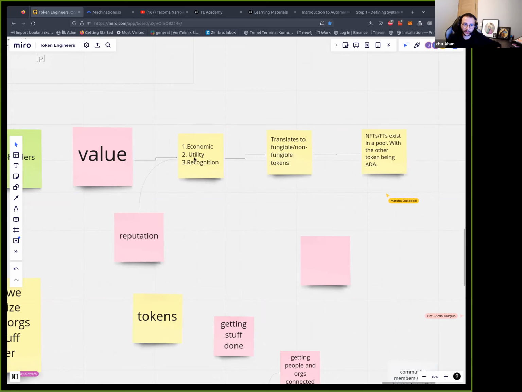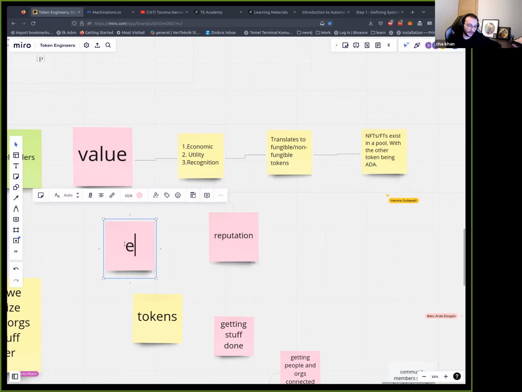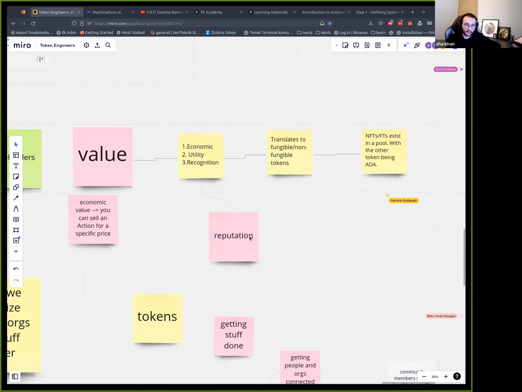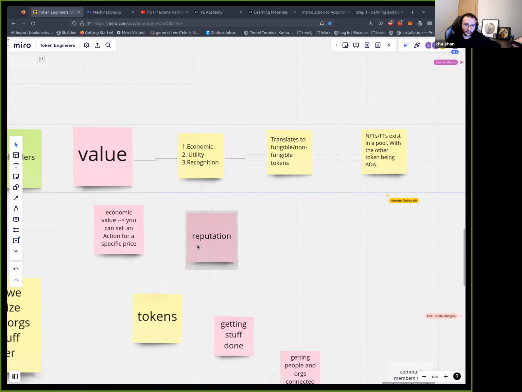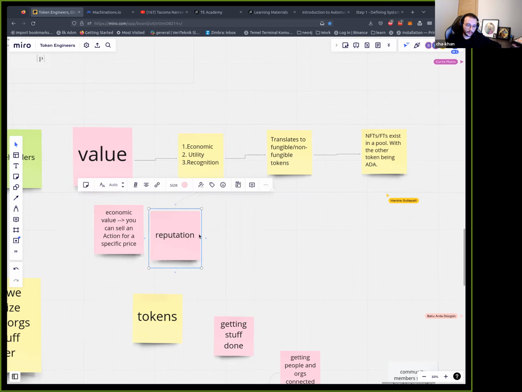I think these are great. They have economic value, as in you can sell an action for a specific price. They represent, so this is step 3, your recognition and reputation.